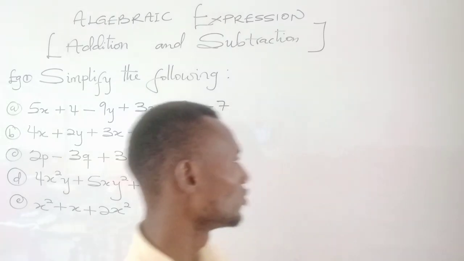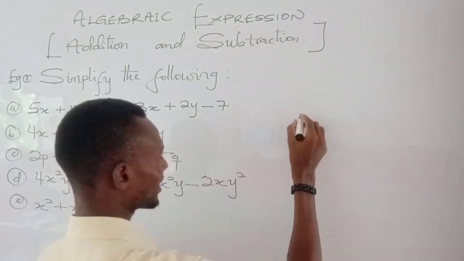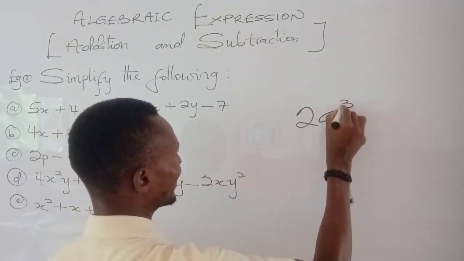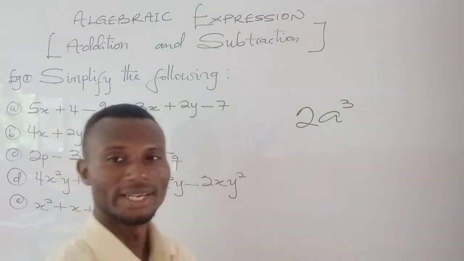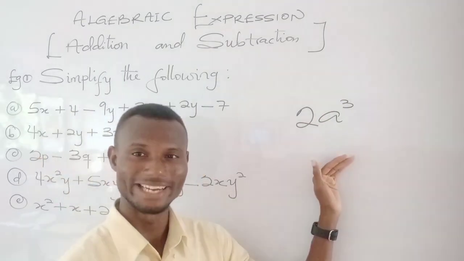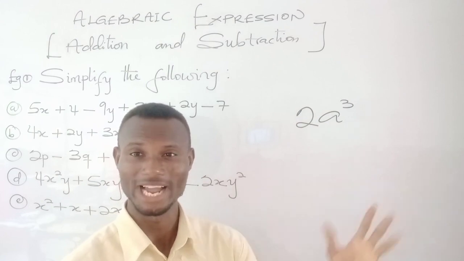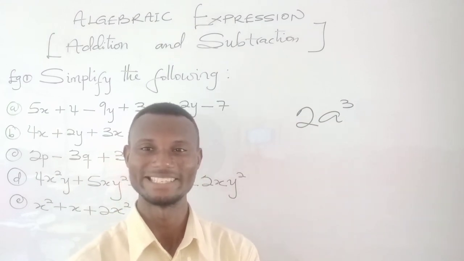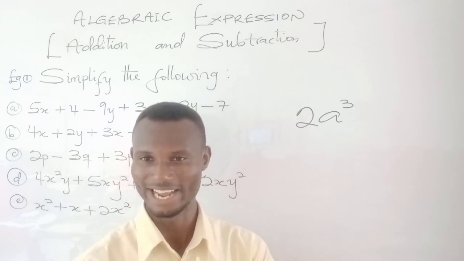Now assuming I have, let's say, 2a to the power 3. If you've not seen anything like this before, you don't have to worry. I'm going to explain it to you, so just follow the explanation and you will definitely understand.